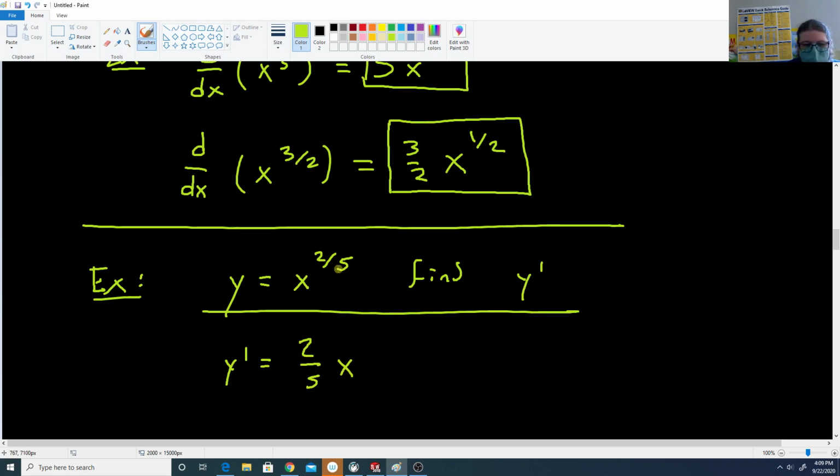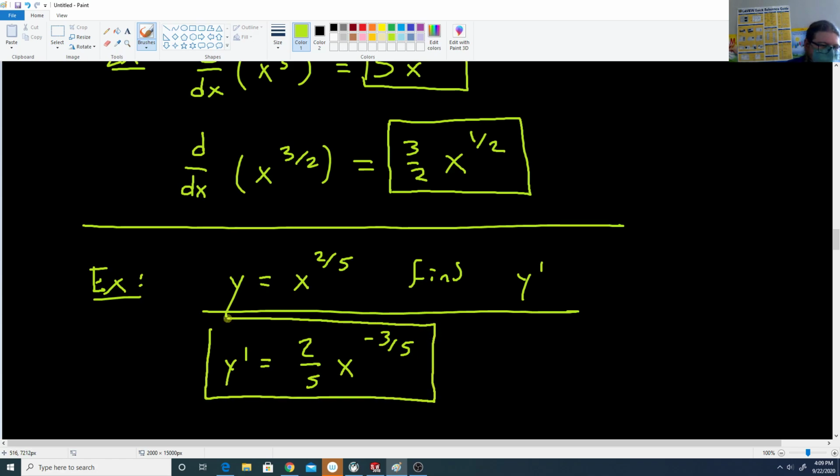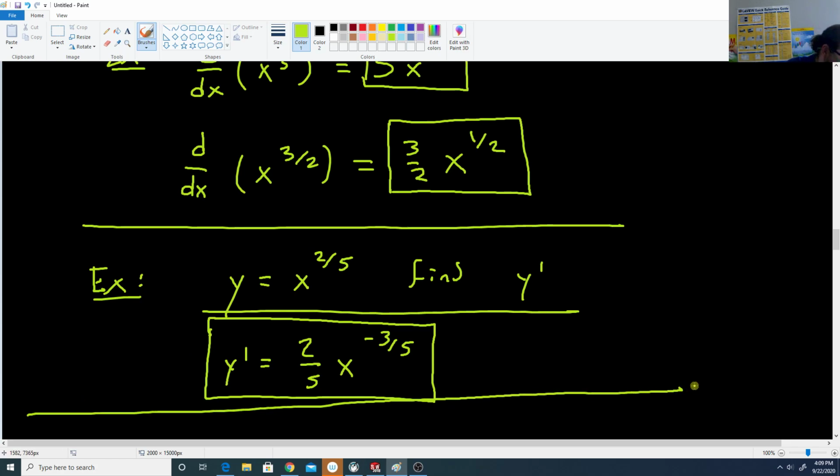So the thing I'm trying to find the derivative of is just x to a power. So I pull the power down, I subtract 1 from it. 2/5 minus 5/5 is negative 3/5. So this would be my first derivative. Okay, so that's probably enough examples to see how that works.